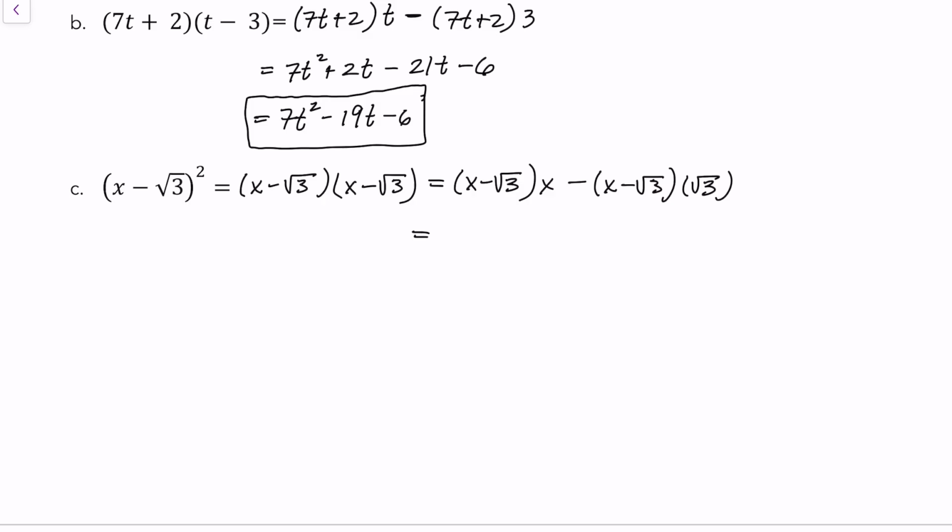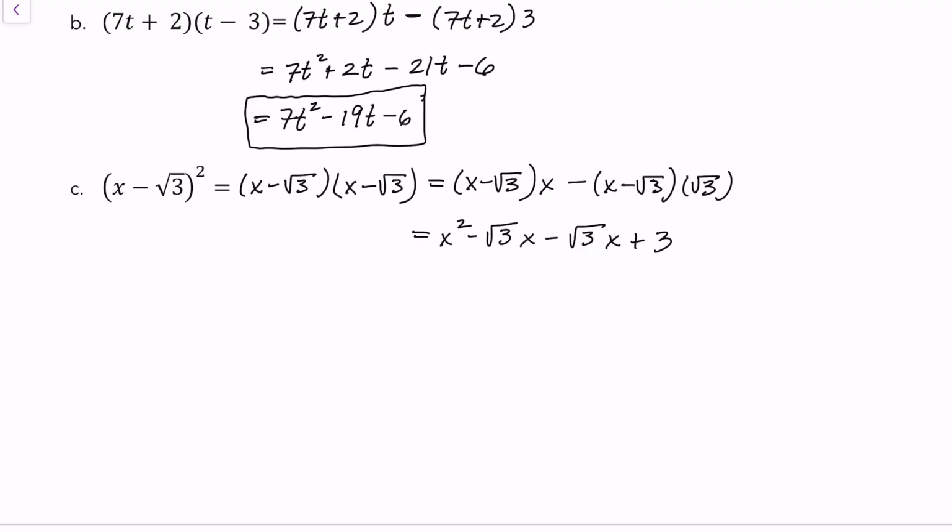So now we distribute the x inside the parentheses. So this is x squared minus square root of 3 times x minus, if we do square root of 3 times x and apply this negative sign over here, that's going to be minus square root of 3 times x plus 3. Okay, because we're multiplying these two together to get 3, and negative times negative is a positive.